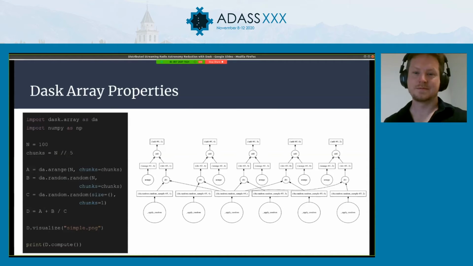A is a program on its own, but A, B, and C are programs on their own, but D is a program combining A, B, and C, and so D is that final program, but it's never evaluated until this compute method is called on the D array. And this is a very important property because it allows us to flexibly compose operations into streaming distributed pipelines.